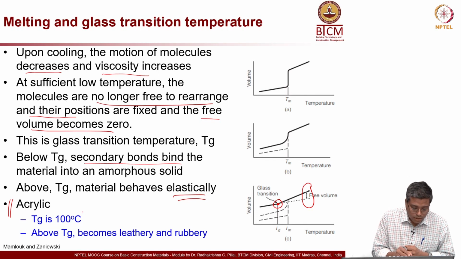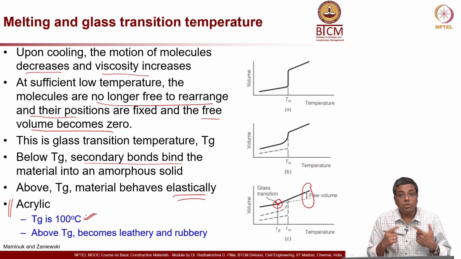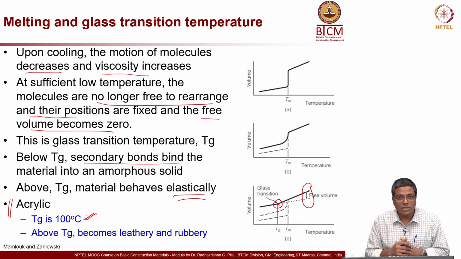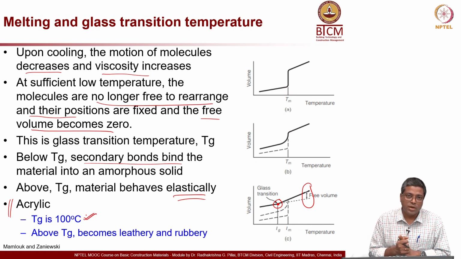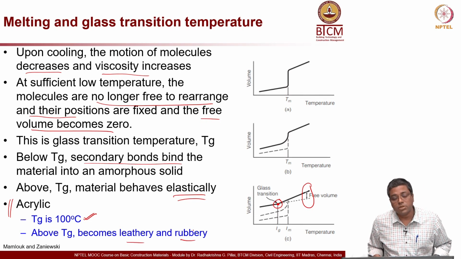Now, its glass transition temperature is 100 degrees Celsius. So, if you take that sheet and start heating it, after about 100 degrees Celsius, you will see that the material starts to flow. It becomes leathery or rubbery, starts to flow, and then its properties can change, even the mechanical properties will change.